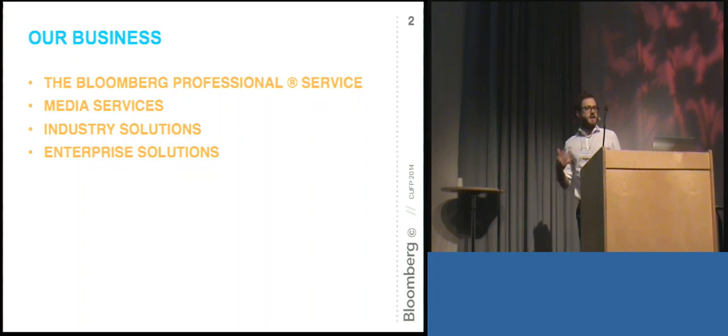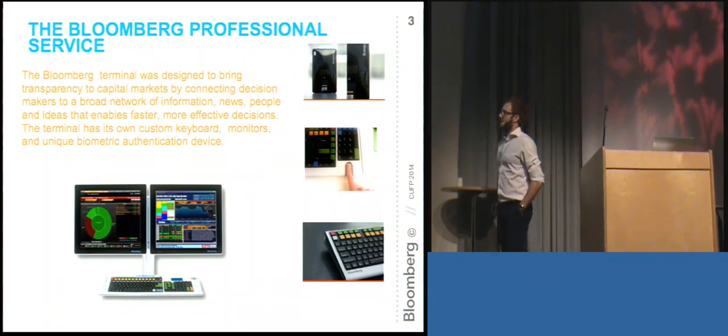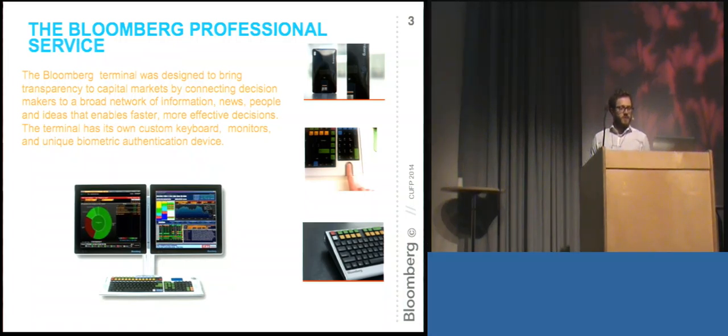Media, Bloomberg TV, various newspapers as well. Industry solutions and enterprise. For example, recently we've developed new indices for the financial market. So that's industry solutions. This is the main product, and this is where we are actually now using OCaml. It's the Bloomberg Terminal.